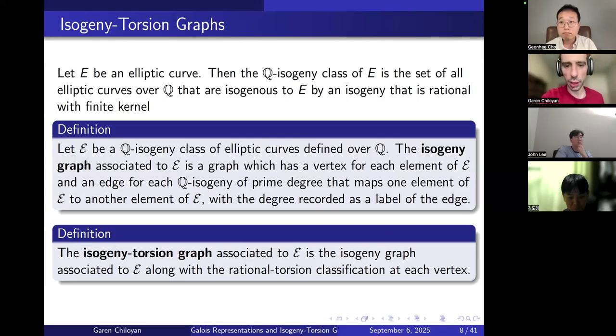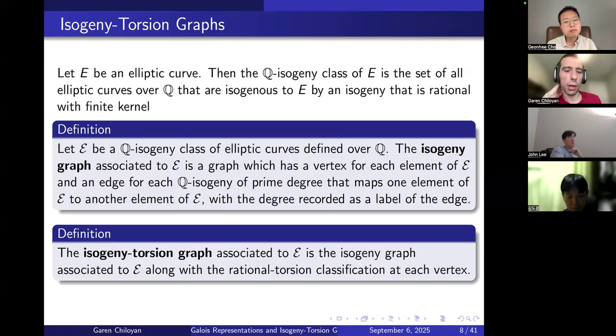Each edge is an isogeny of prime degree, and you can make bigger and bigger isogenies by gluing different isogenies together. So that's what an isogeny graph is: vertices that are elliptic curves and edges that are isogenies of prime degree.